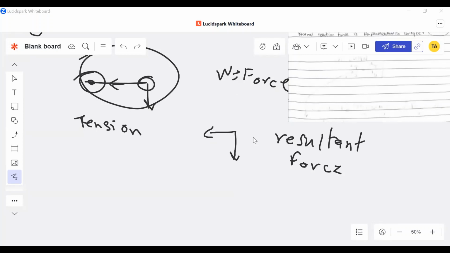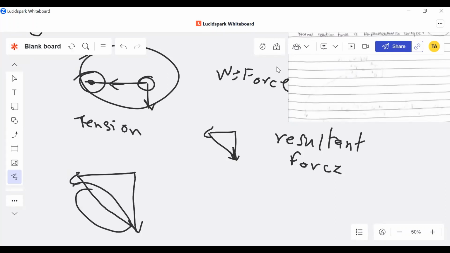This hypotenuse would be the resultant force. The tension moves left and the weight moves down, and this resultant force is 90 degrees to these two forces.